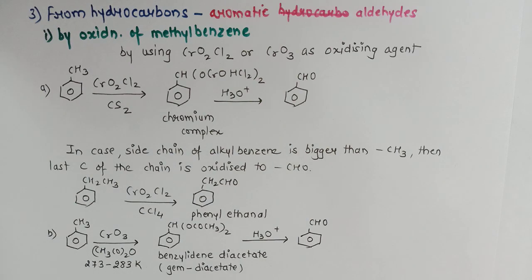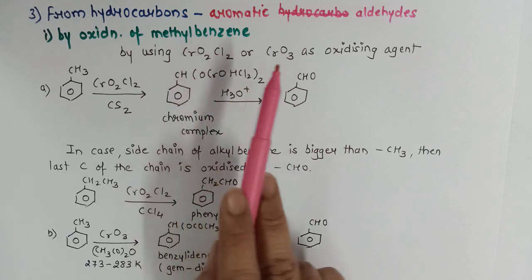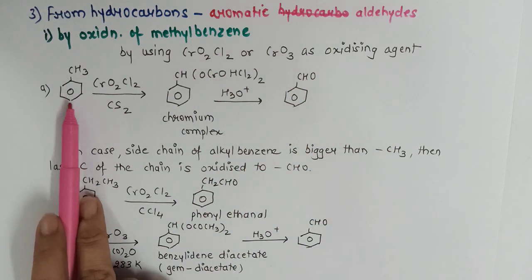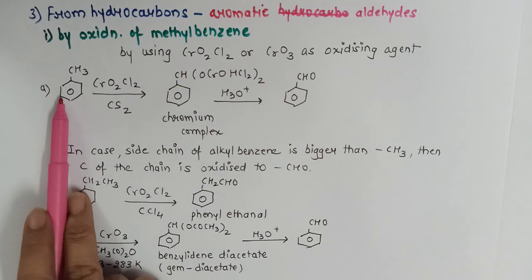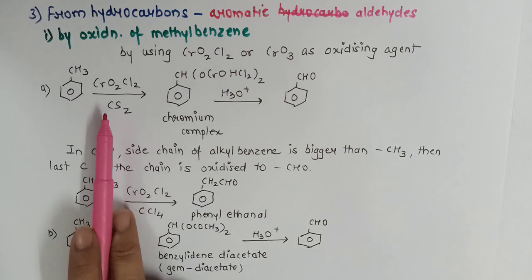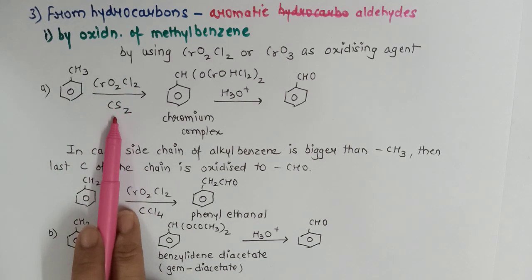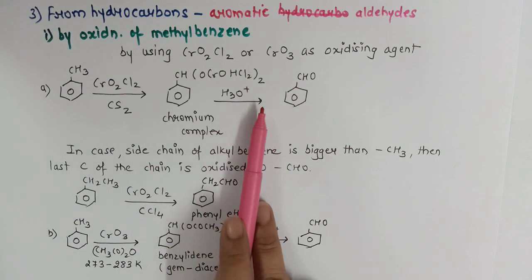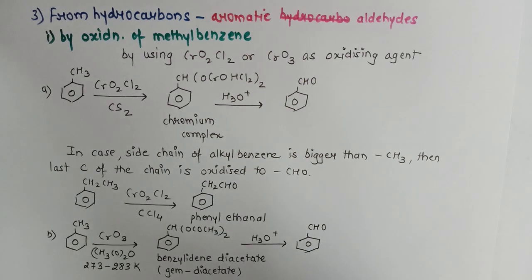Here we have two different methods, either using chromyl chloride as oxidizing agent or chromic oxide as oxidizing agent. First, when methyl benzene is treated with chromyl chloride in the presence of non-polar solvents such as CS2, it first gives us a chromium complex, and that on further hydrolysis gives us benzaldehyde.